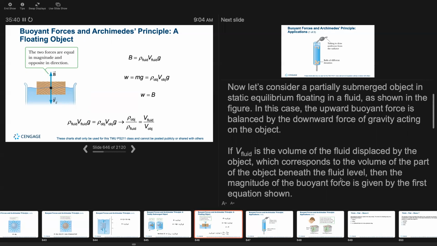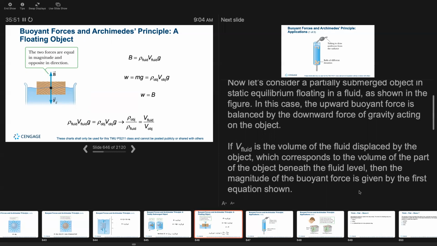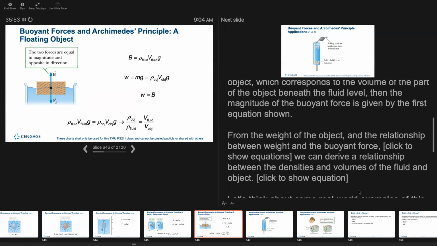If V fluid is the volume of the fluid displaced by the object, which corresponds to the volume of the part of the object beneath the fluid level, then the magnitude of the buoyant force is given by the first equation shown. From the weight of the object and the relationship between weight and the buoyancy force, we can derive a relationship between the densities and volumes of the fluid and object.